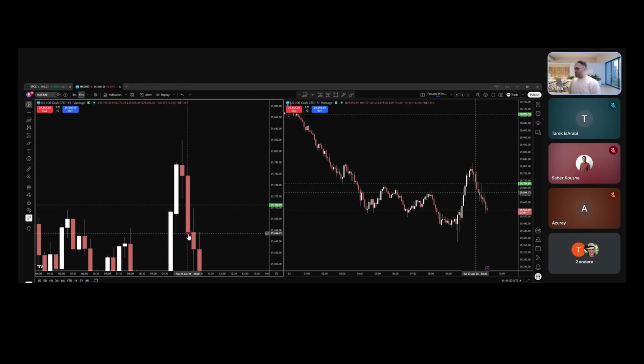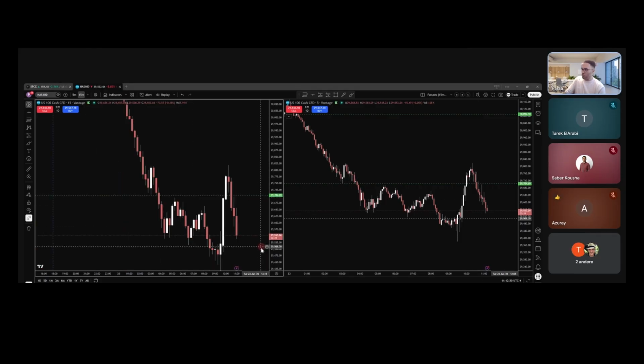Then it closes below that one, and it is a healthy one. It almost engulfs both candles. But since it is too big, I need to enter that trade with a pullback, somewhere between the closing and the wick. I will enter here and put my stop loss somewhere here.